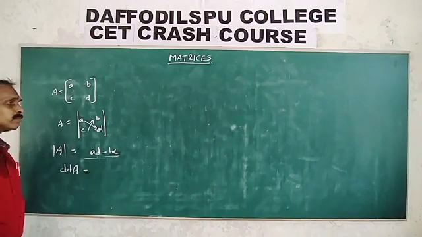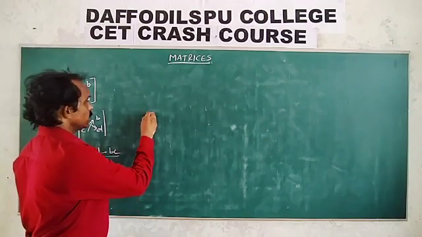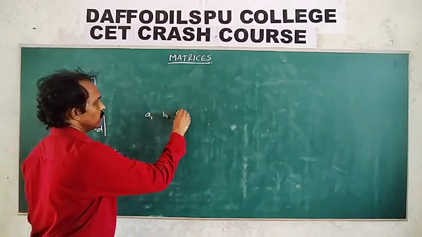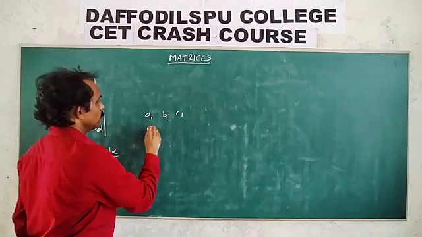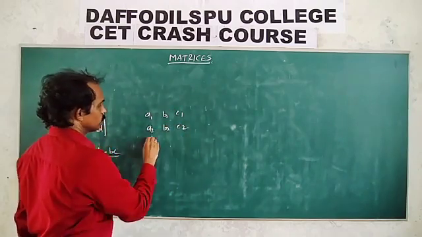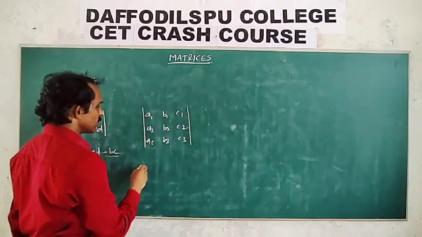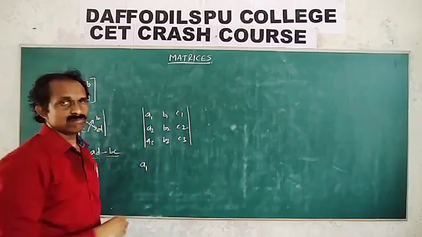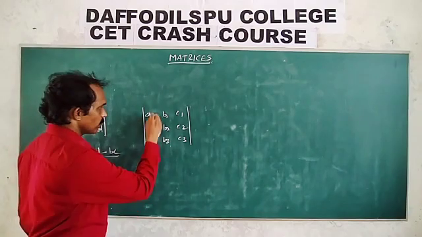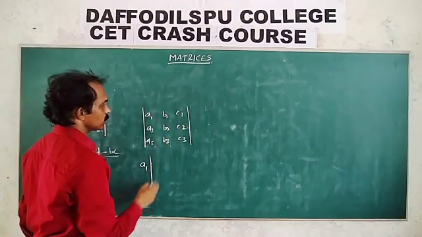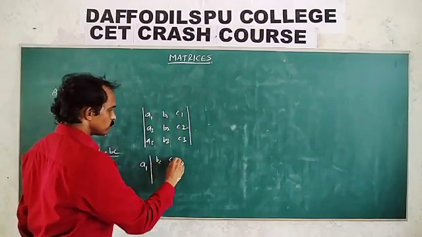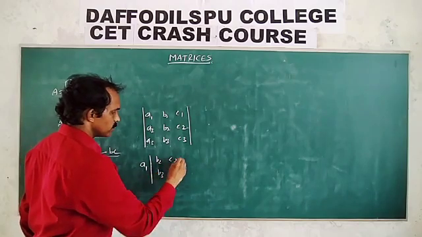How to find a 3 by 3 matrix determinant? This is the matrix: A1, B1, C1; A2, B2, C2; A3, B3, C3. Everybody knows, just once I will explain. A1 of the determinant after deleting this row and this column, B2, C2, B3, C3.